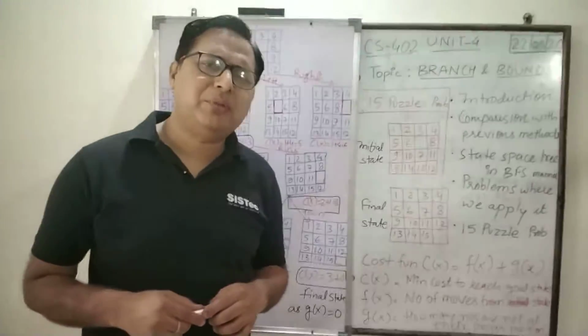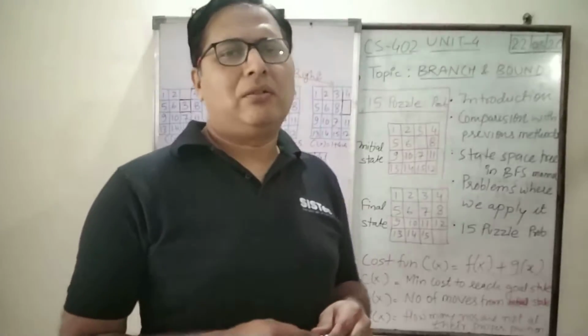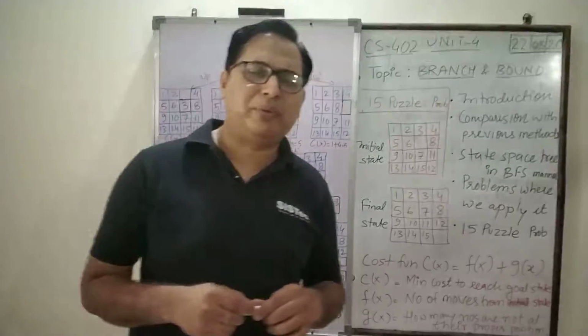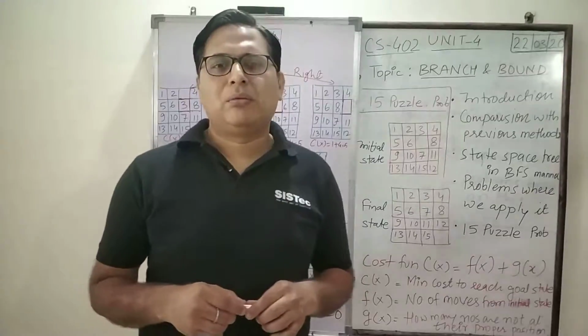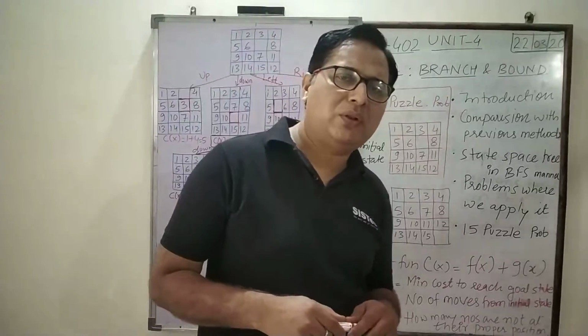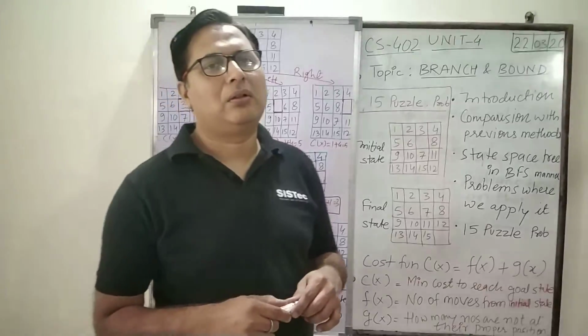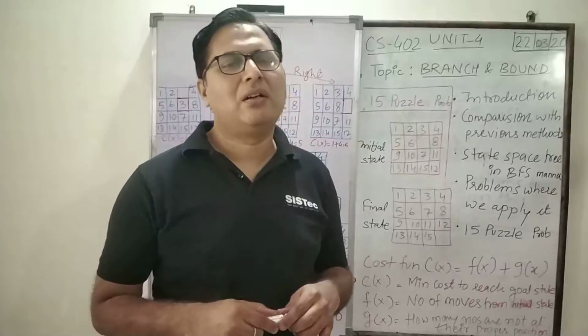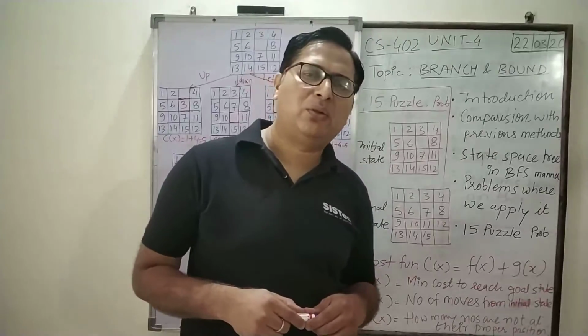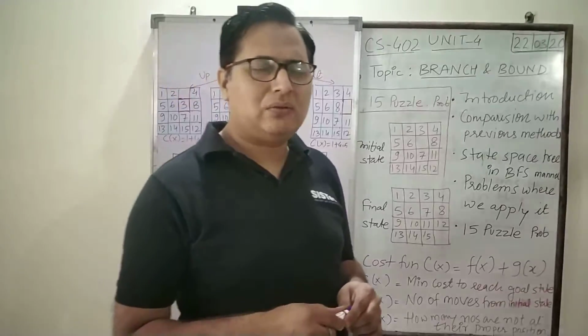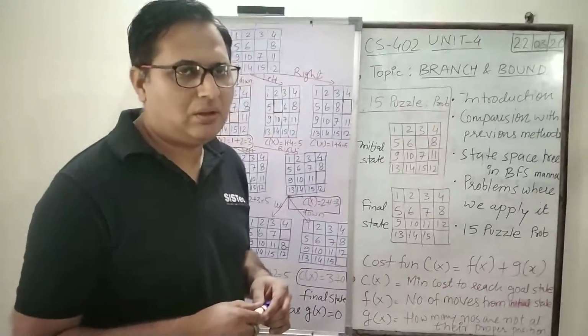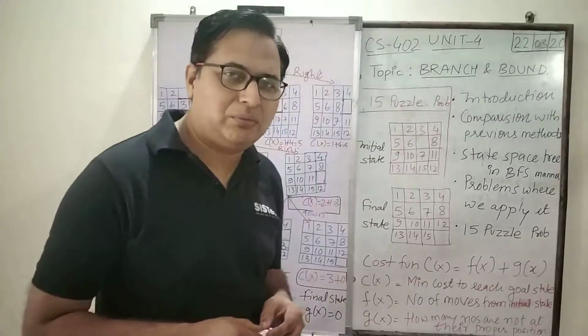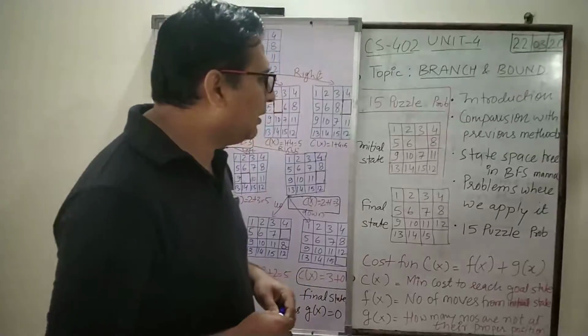It is very much similar to backtracking, where we generate a solution space tree for the given problem. But the difference is that branch and bound is used for optimization purposes, whereas backtracking is used for finding all the possible solutions. So you can say this is one comparison point between branch and bound and backtracking.